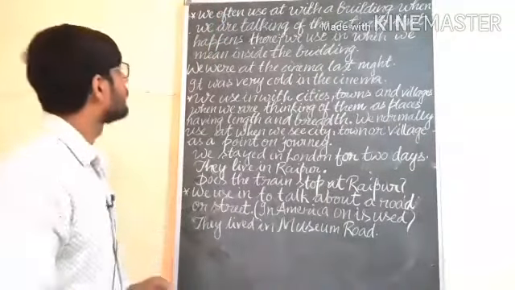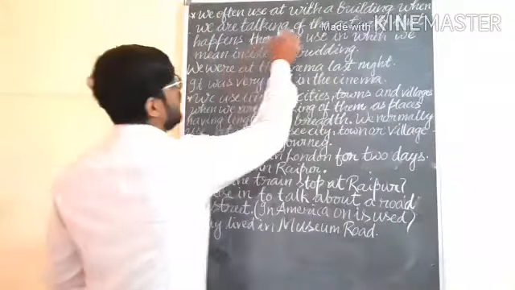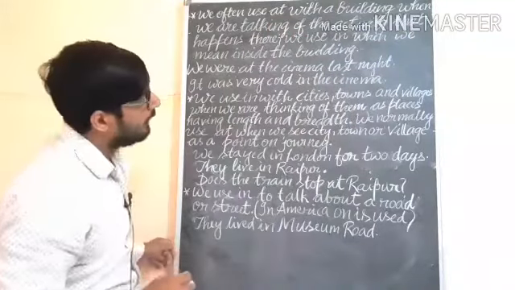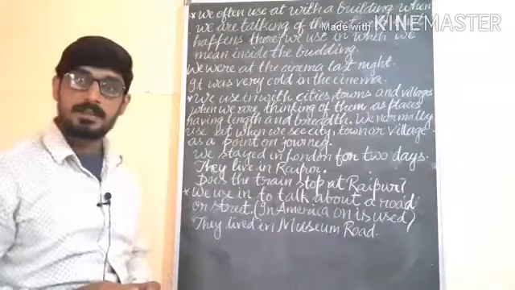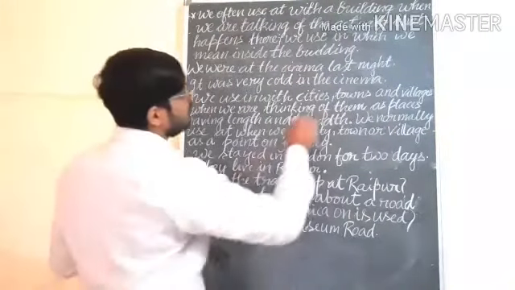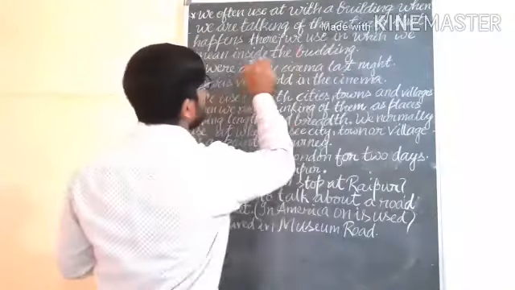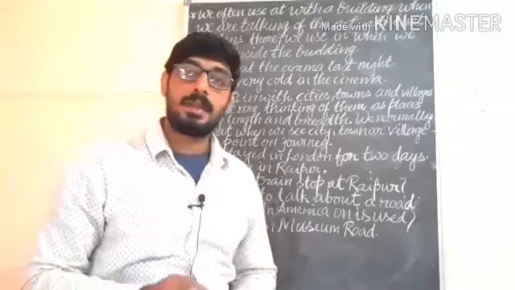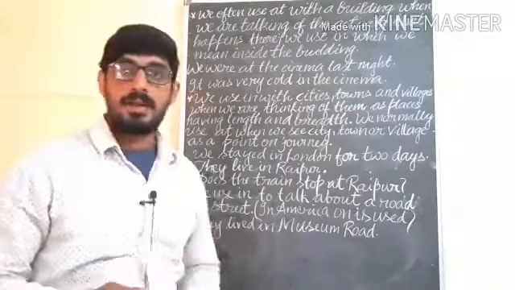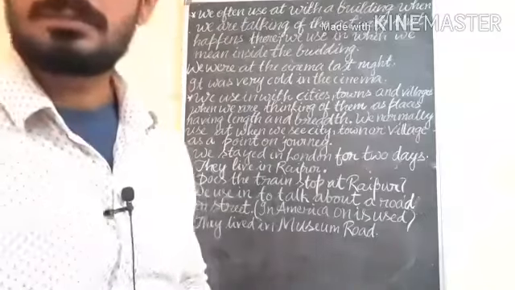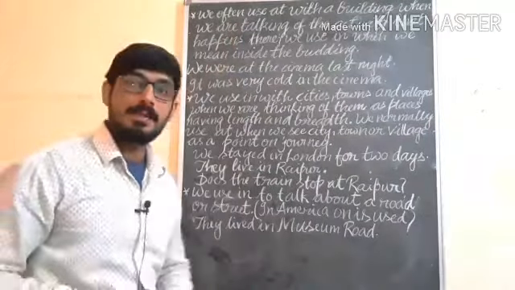Come on here. We often use at with a building when we are talking of the activity that happens there. Understand? We use in when we mean inside the building. For inside the building we will use in, and for at the building we will use at. Look at the examples.